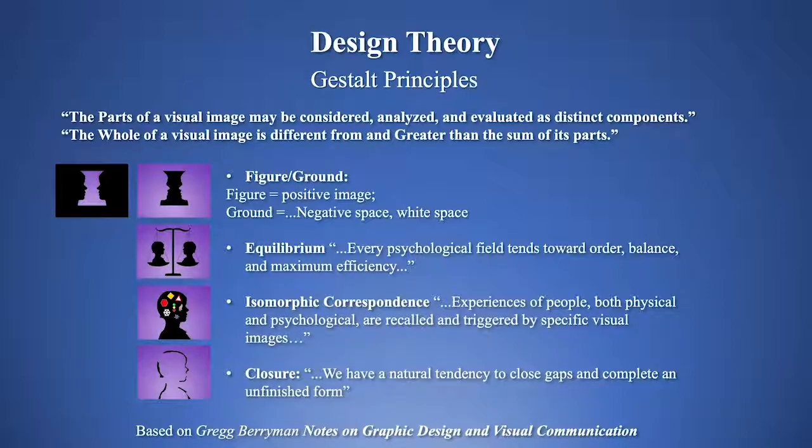This is the idea that every psychological field, in other words, anything that makes you think, tends towards order, balance, and maximum efficiency. Isomorphic correspondence. Experiences of people, both physical and psychological, are recalled and triggered by specific visual images. Closure. We have a natural tendency to close gaps and complete an unfinished form.